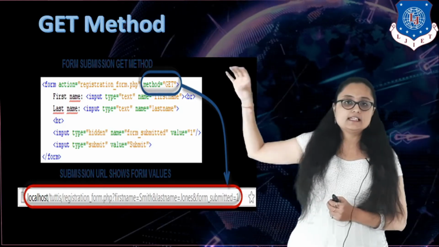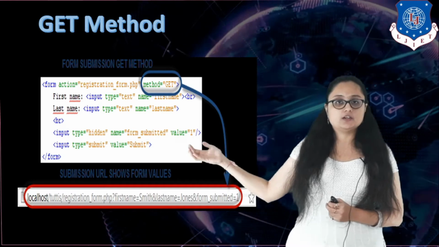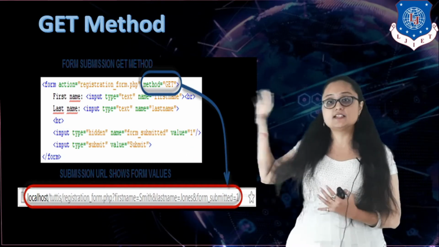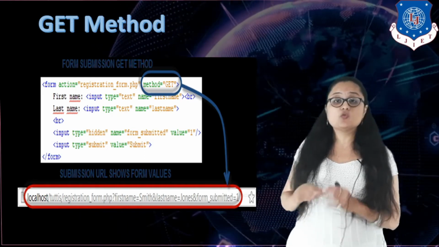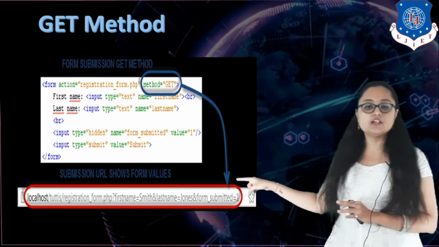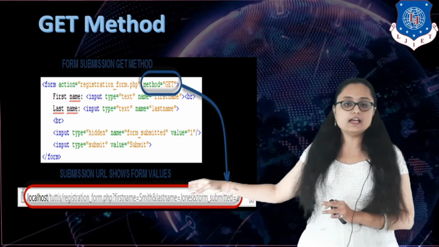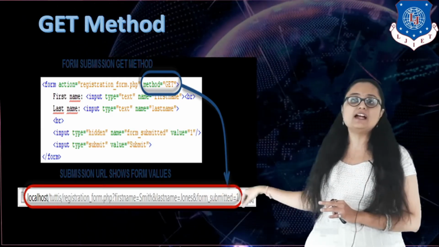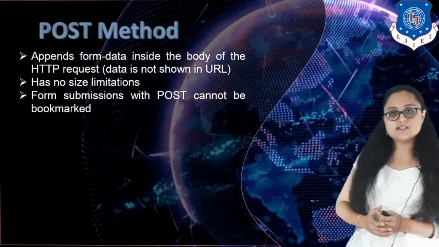Now here you can see there is first name, last name, and a submit button. Whenever you pass this data through the get method, whatever values the user is entering will be appended to the URL, and you can see the name value pairs in the URL, right? So you cannot pass sensitive data.